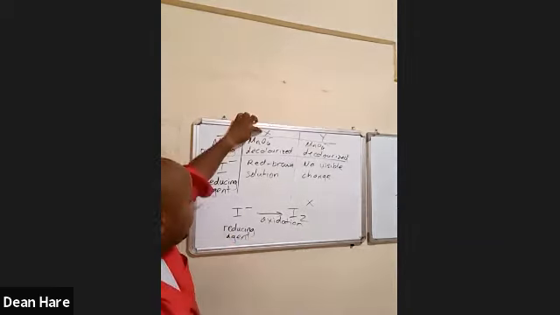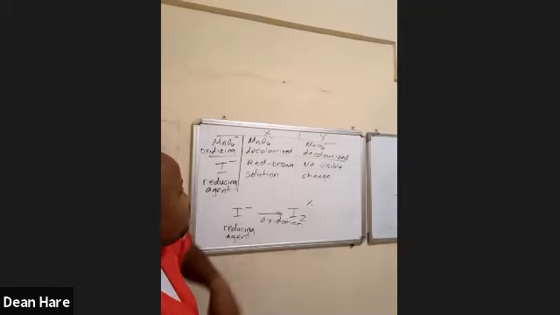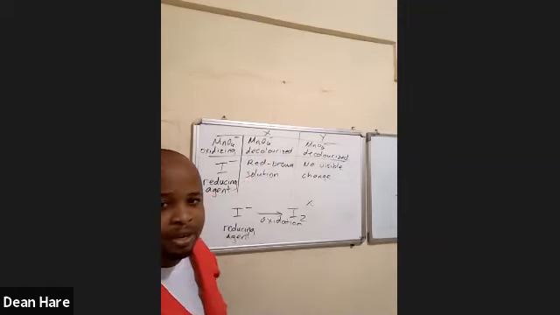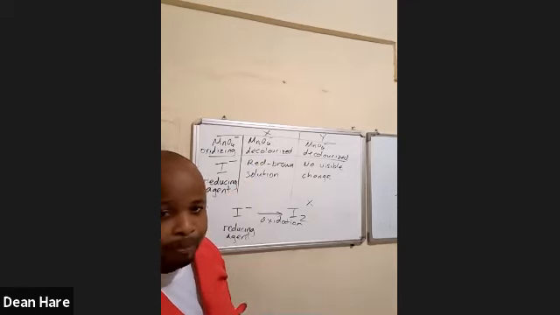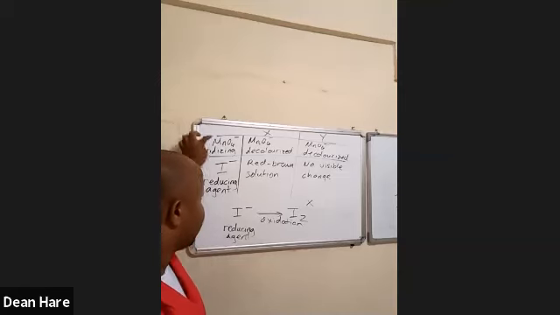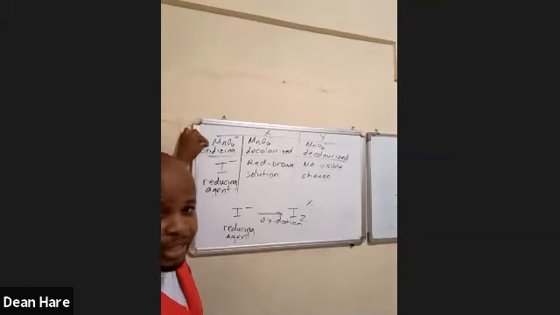When X was reacting with potassium permanganate, we know that X had to be the reducing agent because we know for sure that potassium permanganate is strictly an oxidizing agent.